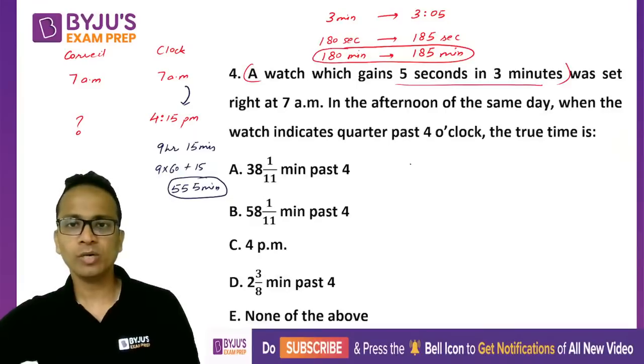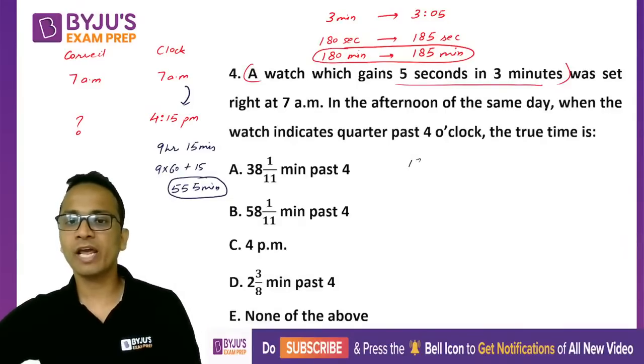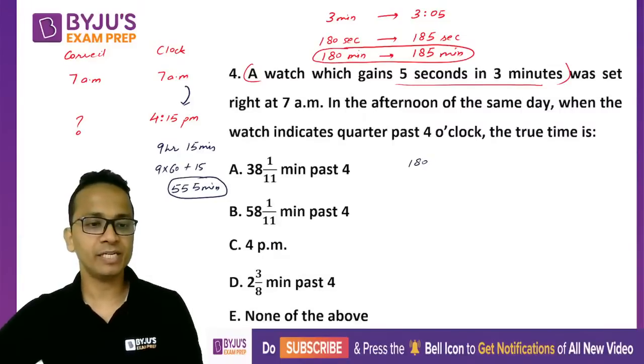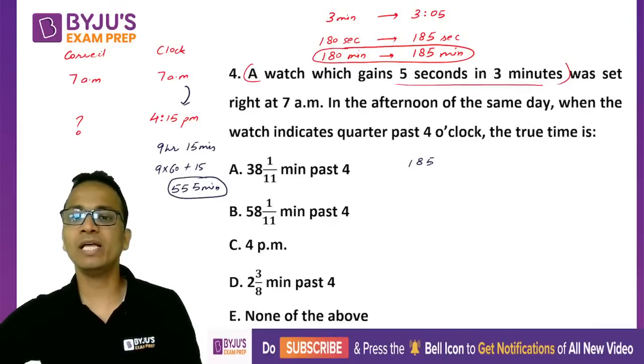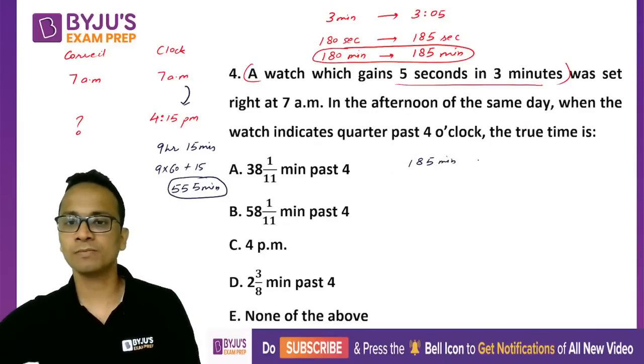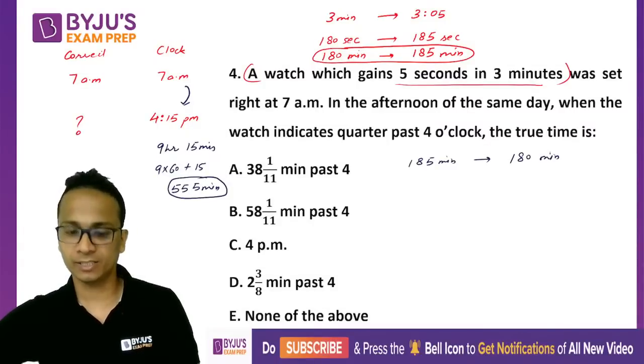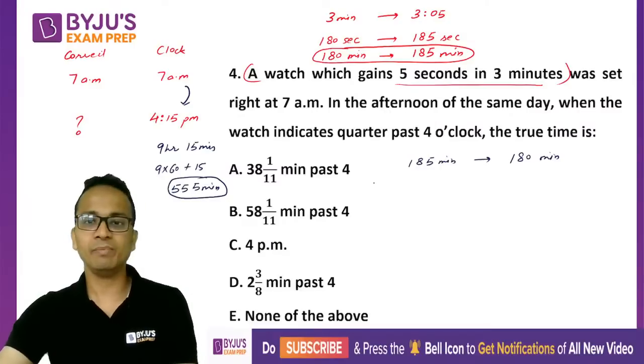So in this wrong clock, for every 185 minutes that will elapse in this faulty clock, the correct time that will elapse will be 180 minutes.